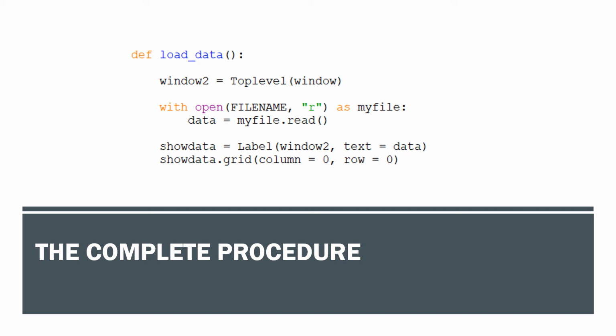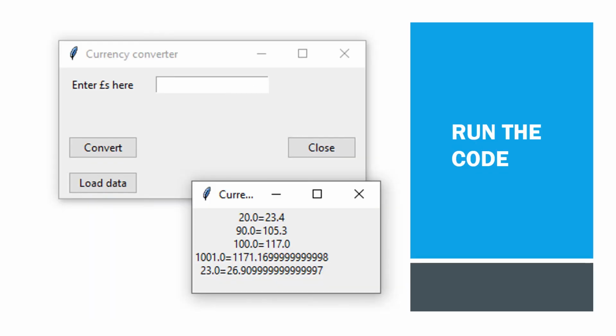So that's a relatively straightforward way to get data and display it. You could use part of that procedure, whatever's useful for you. But there it all is anyway. And when you run the code, this is what you'll see on the screen. Click on load data.